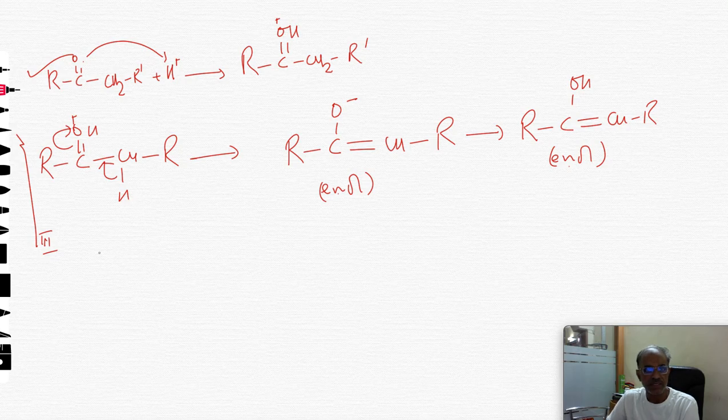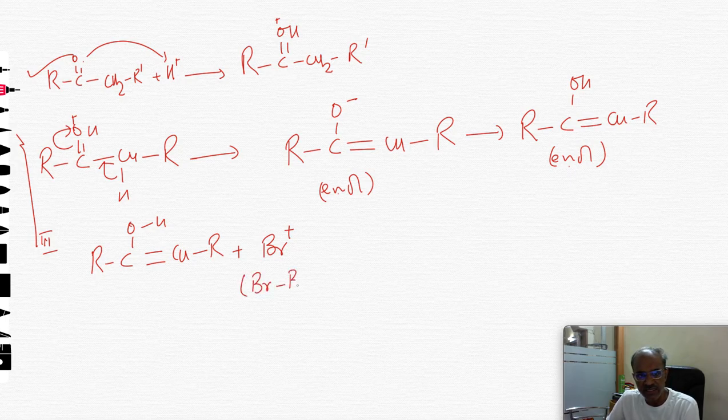In step 3, RC OH double bonded CH dash R. Now here we are getting an electrophile Br plus. How have we got Br plus? Because Br2 will break. One will be Br minus and the other will be Br plus. So that is the electrophile.